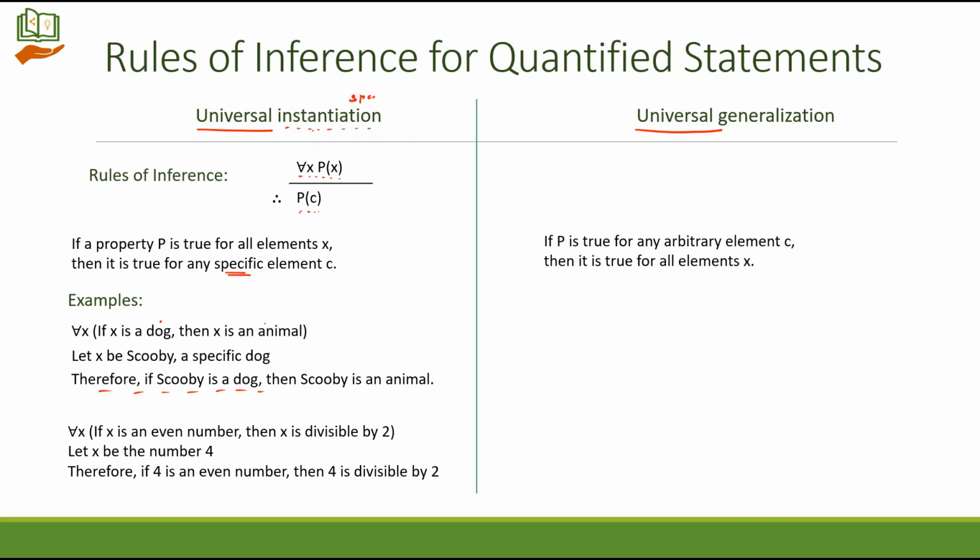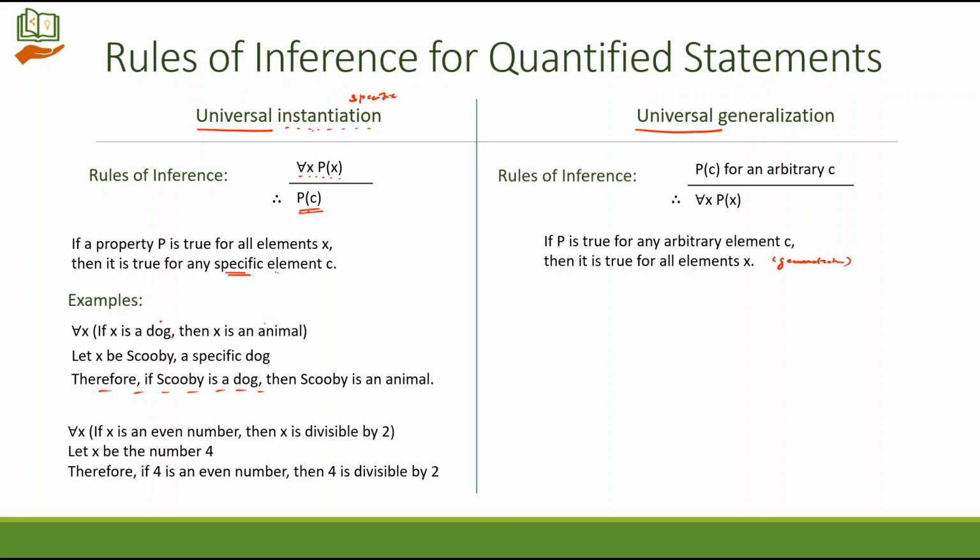Now they say if P is true for any arbitrary element C, then it is true for all elements. That is what they call generalization. Given a generalization, when you pick a specific element, that becomes universal instantiation. Given something specific, when you make it generalized, that is universal generalization.